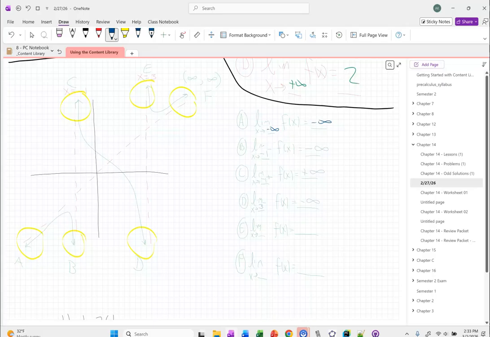Now we're going to E. What x coordinate is the arrow pointing to? 3 plus. Good, 3 plus. And the y is pointing to? Positive infinity. And then our last one, F. X is pointing to? And y? Good.